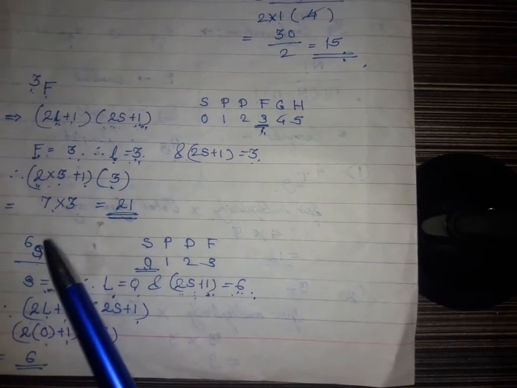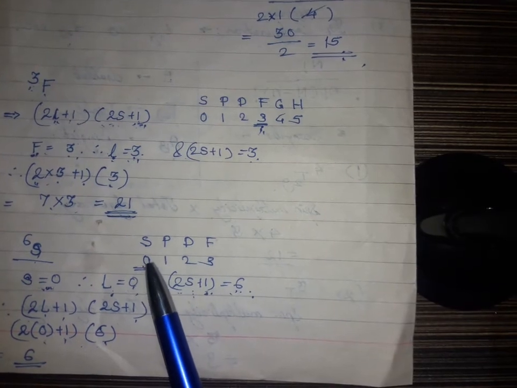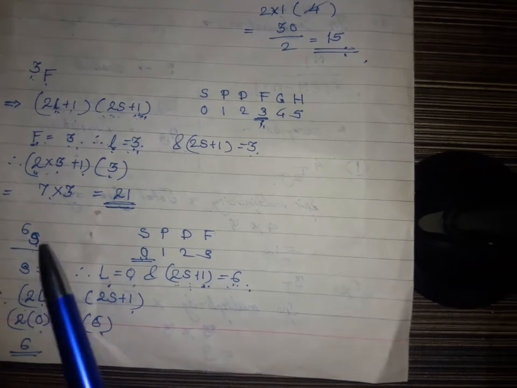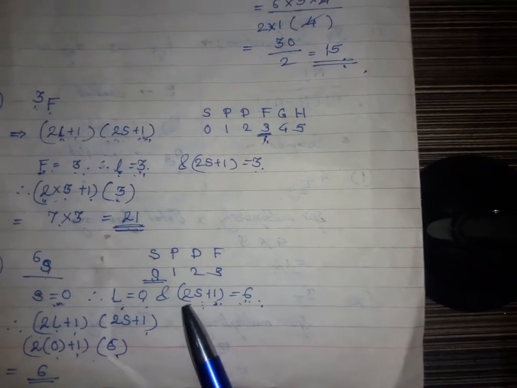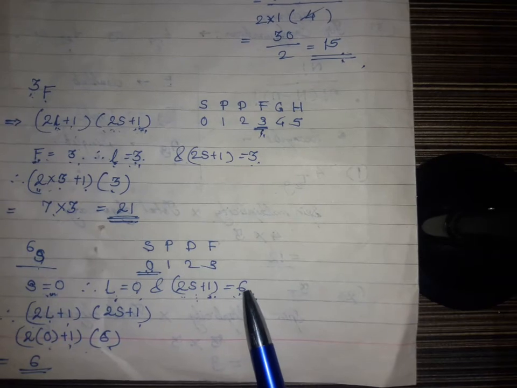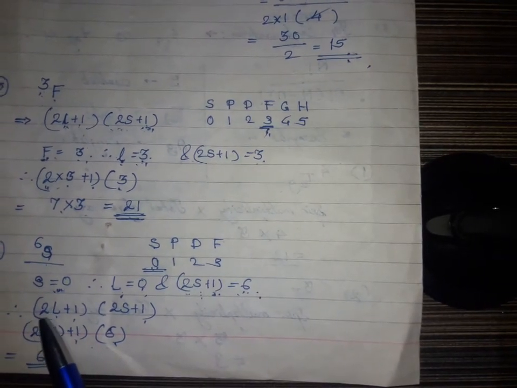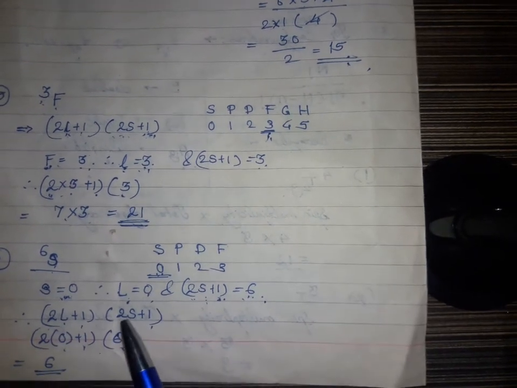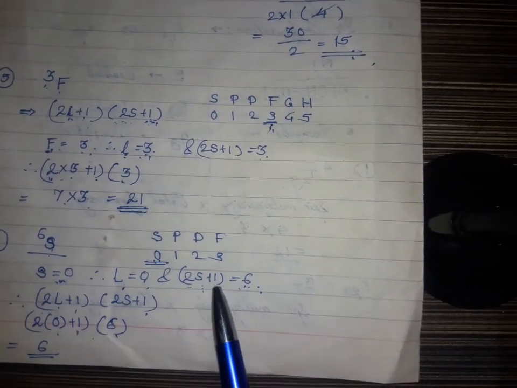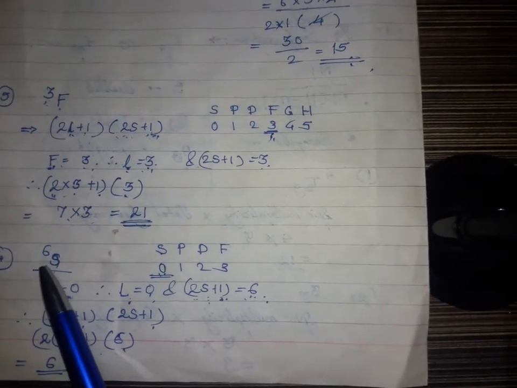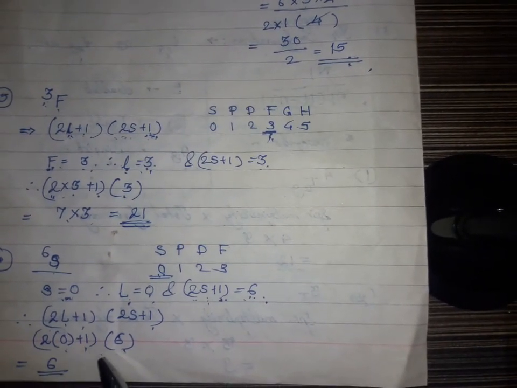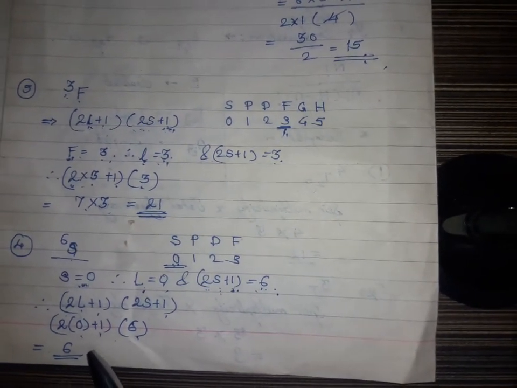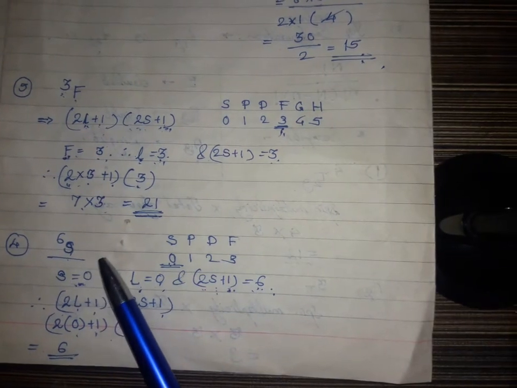S ml value is 0, meaning L is equal to 0, and the spin multiplicity is 6, so 2S plus 1 is equal to 6. Put that into the formula: 2 into 0 plus 1, into 6, is equal to 6. So this 6 is the total degeneracy of the sextet S term.